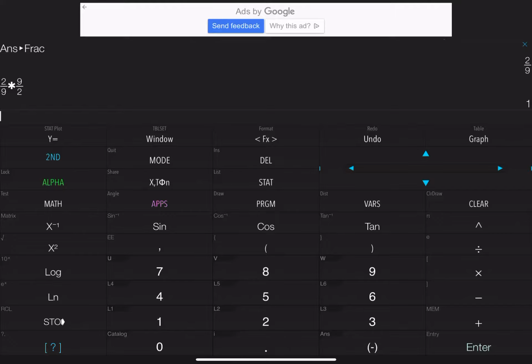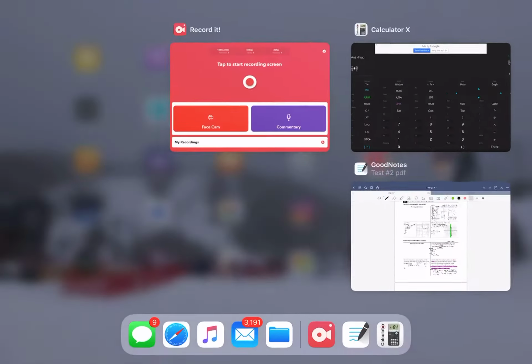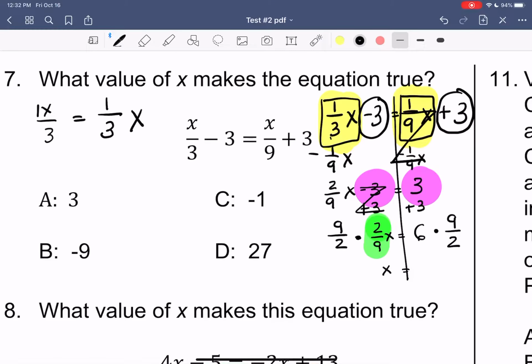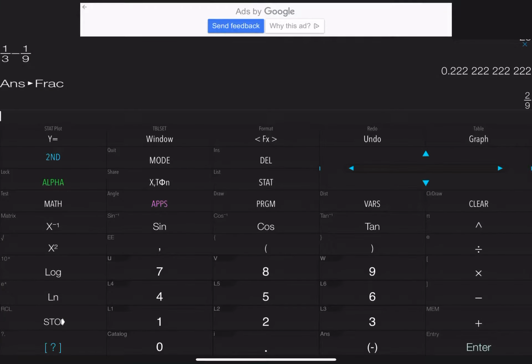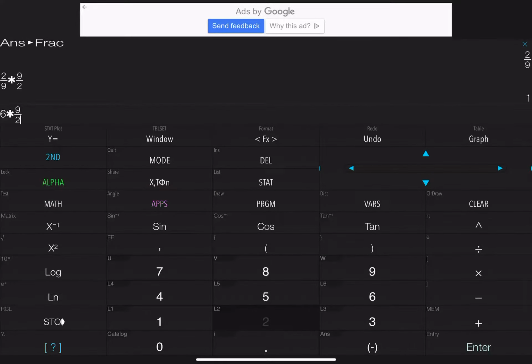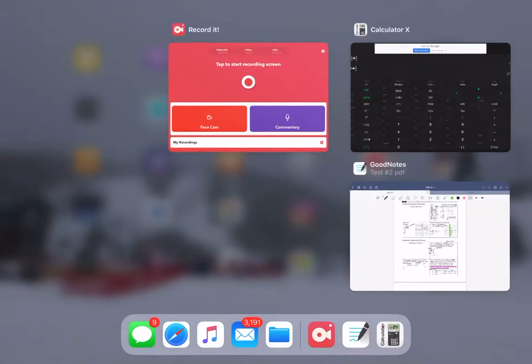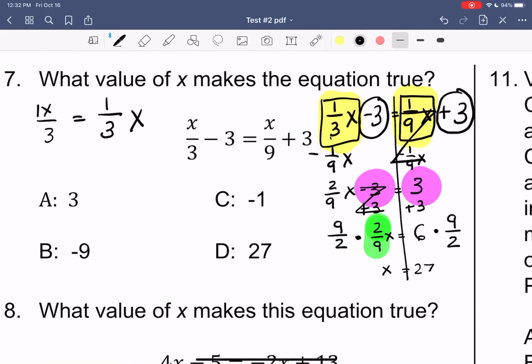So you see over in that bottom right hand corner, we get a 1 there, and that was our goal. So we have a 1, or we don't have to write it, and then 6 times 9 over 2, which again was our reciprocal of our coefficient. And then we get 27. X equals 27, which is the correct answer. We see that here, D.